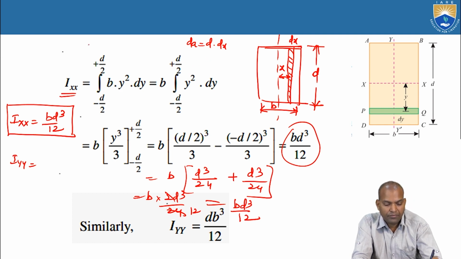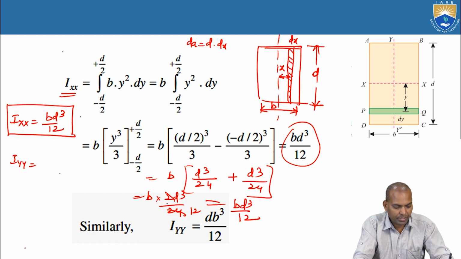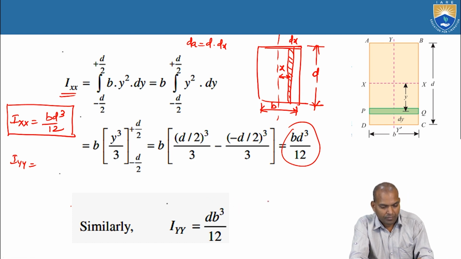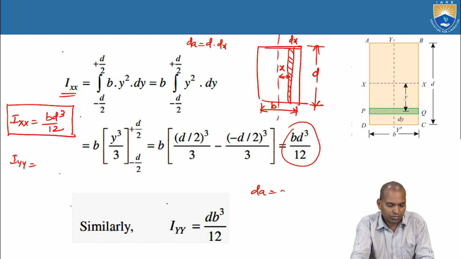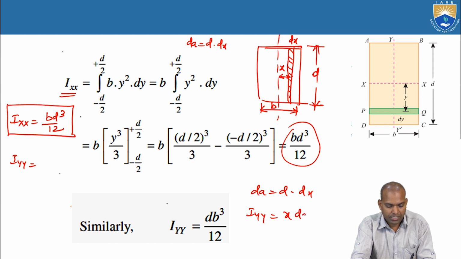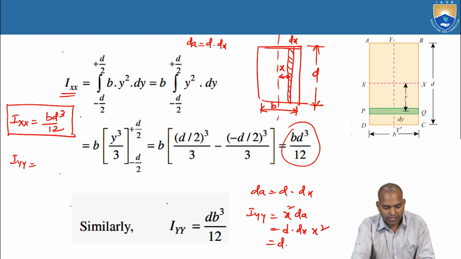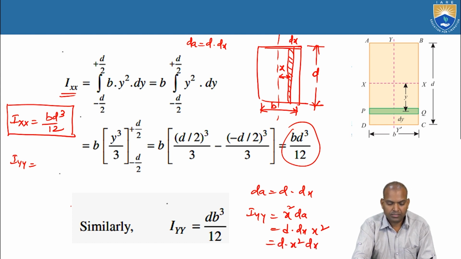What do we know? Iyy is the concept I'm using here. The elemental area dA equals d times dx. Now Iyy equals the integral of x square dA, that is d times dx times x square, so d times x square dx.